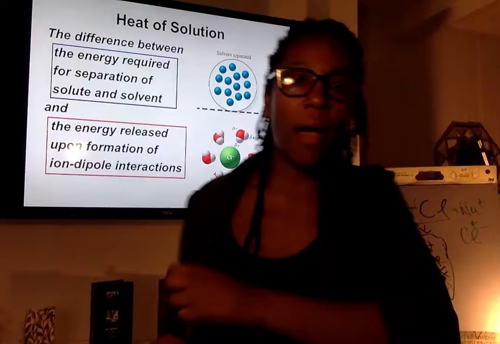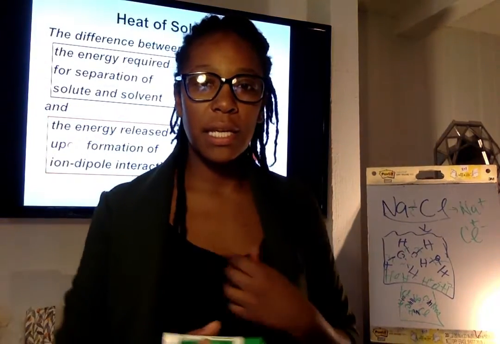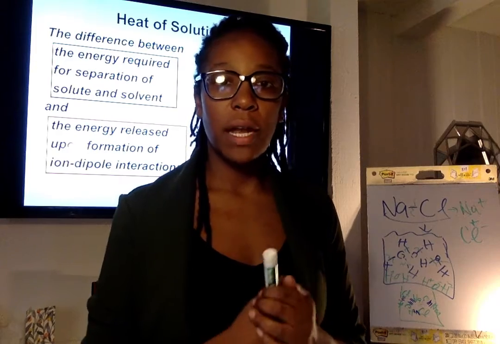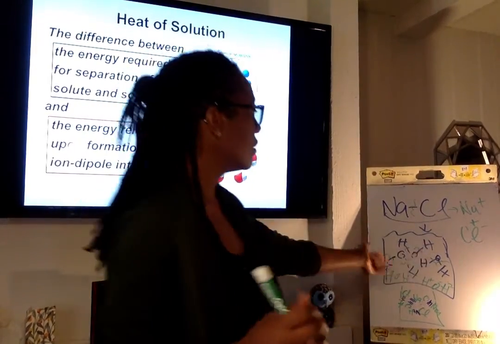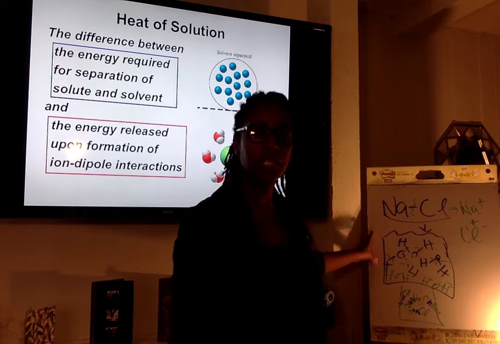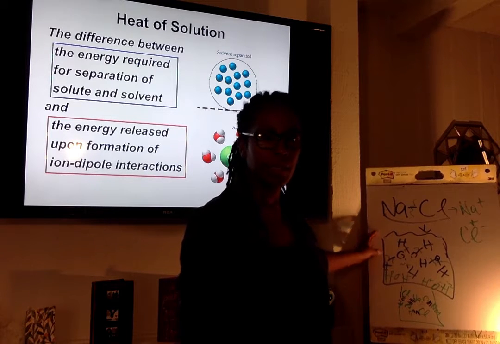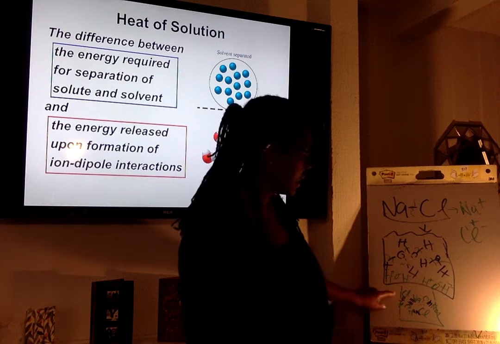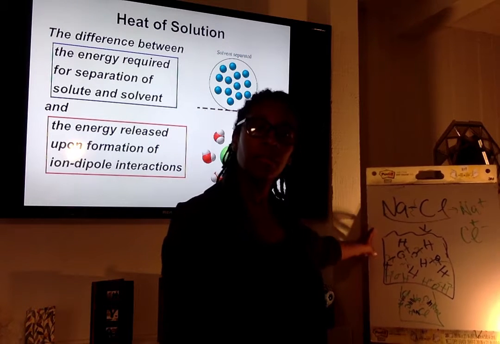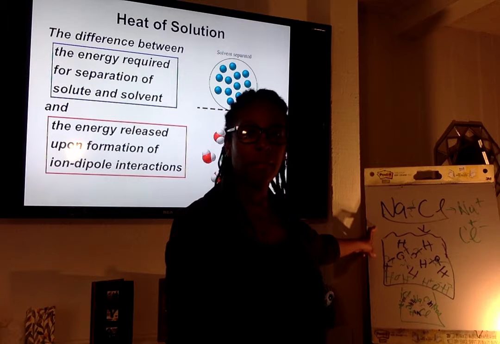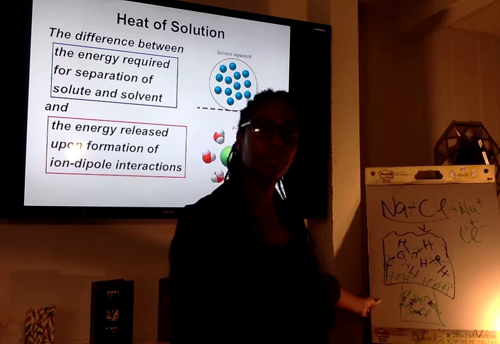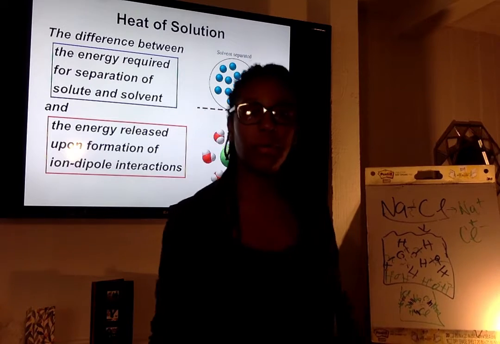So when we're thinking of how much heat is either being taken in or released, it's basically how much heat is used to break these bonds and how much heat energy is released to create the ion-dipole forces.